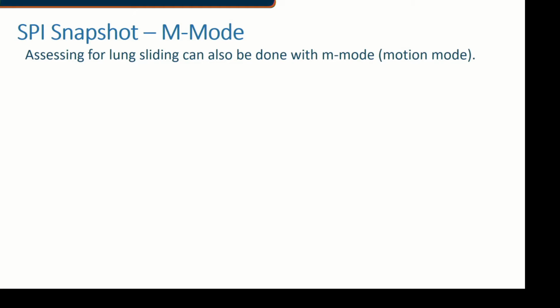Sometimes you need to just save a single image. And the best way to do that is we can take advantage of motion mode on our ultrasound machine, which looks at motion over time. It's a one-dimensional way of scanning, and it will allow us to demonstrate the lung sliding in a single image.